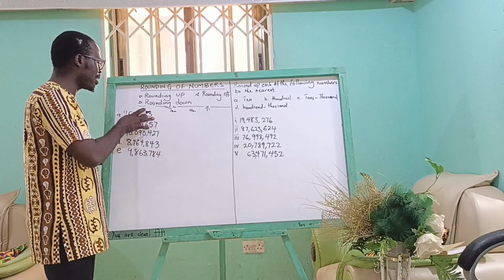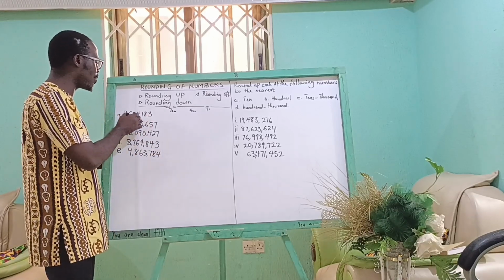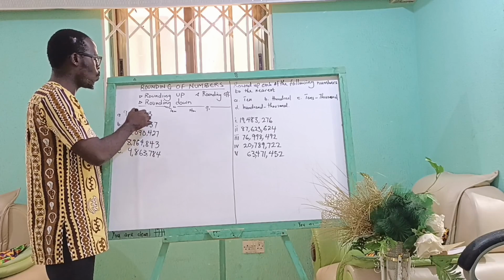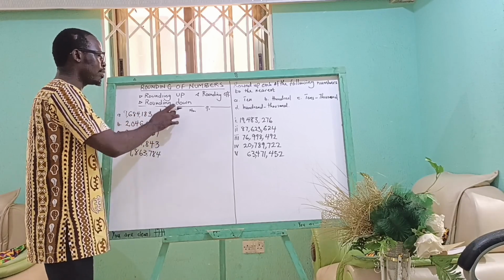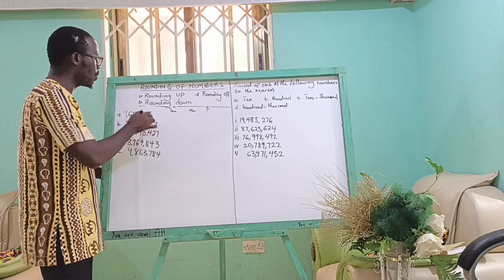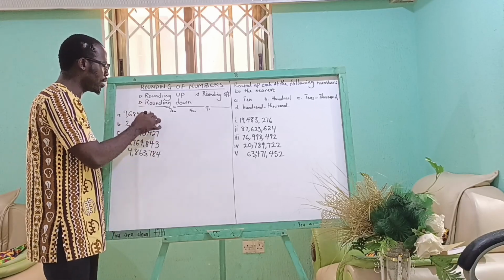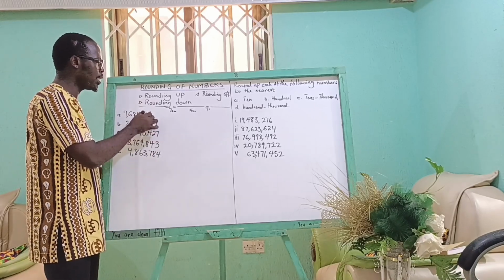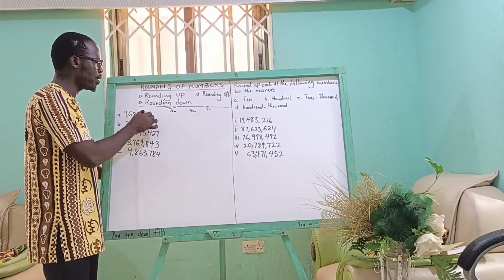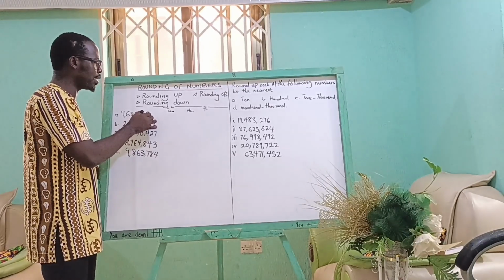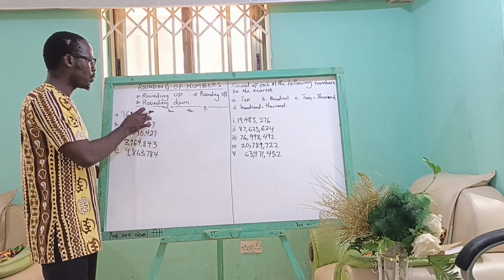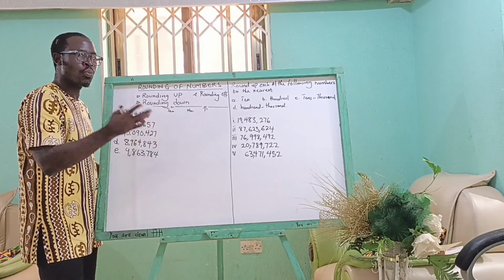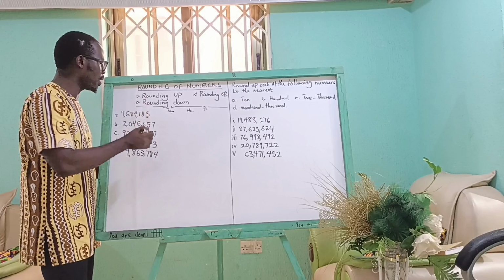So when we are rounding this number, 9,684,183, in tens, what it means is that we are considering this very number in tens. So we are supposed to change this into the tens. So rounding up, we are looking at high estimation.